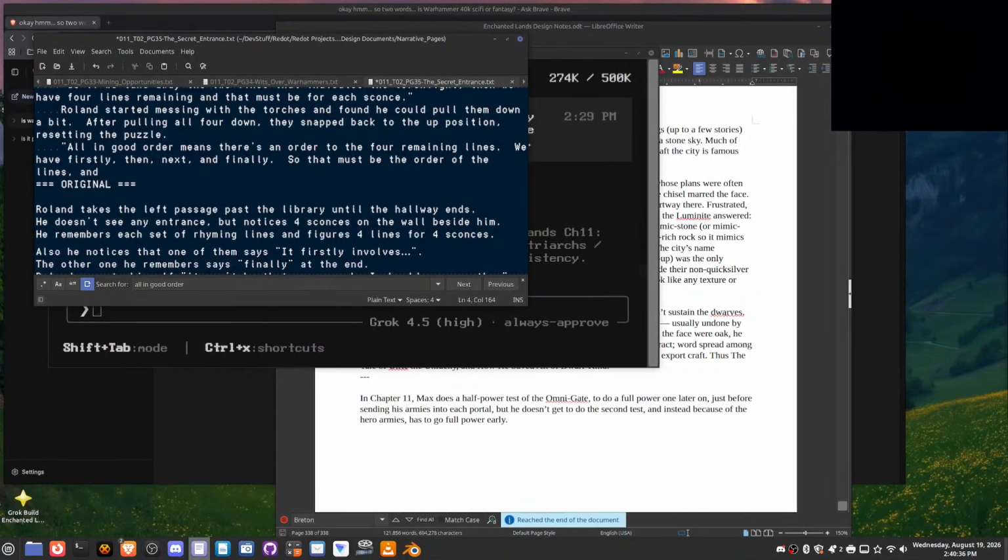And that must be the order of the lines, and they seem to indicate numbers. It can't be that easy.